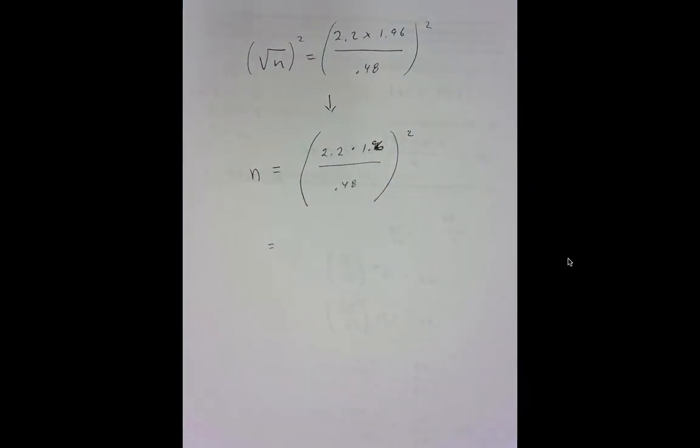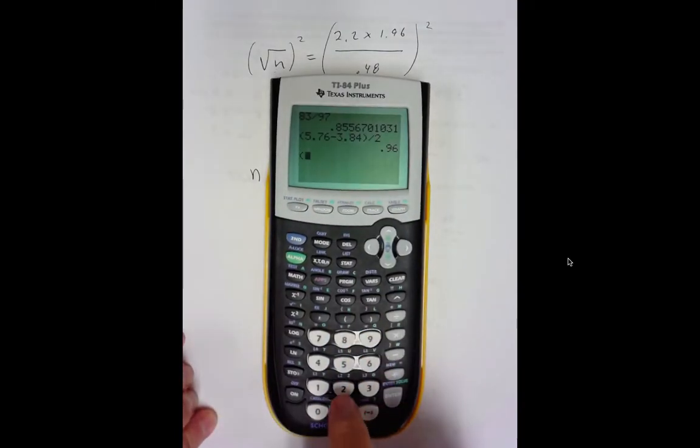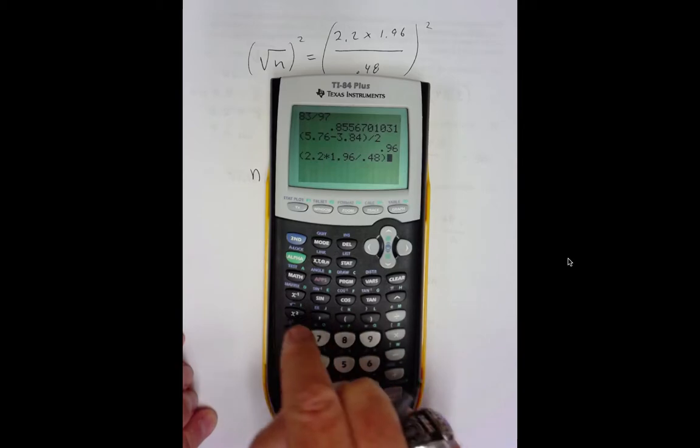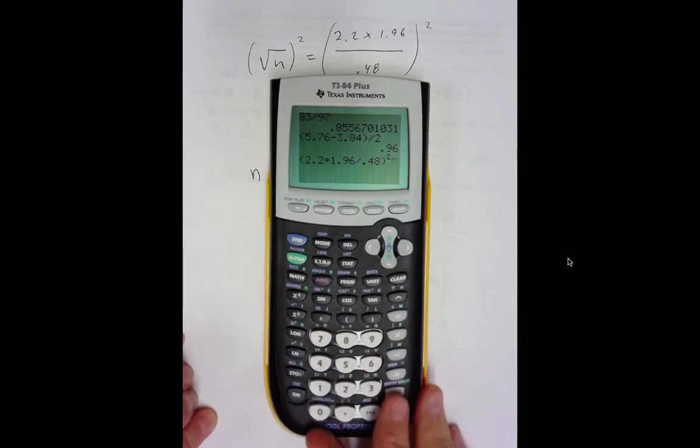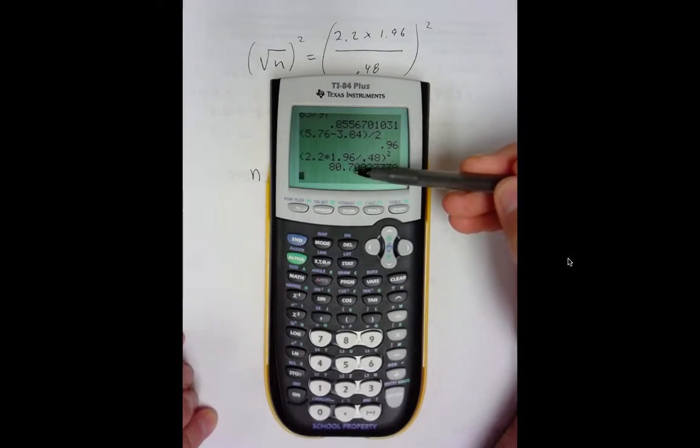Now let's put that in our calculator. Quantity squared. So I get 80.70. Well, I can't have 0.70 of a person.